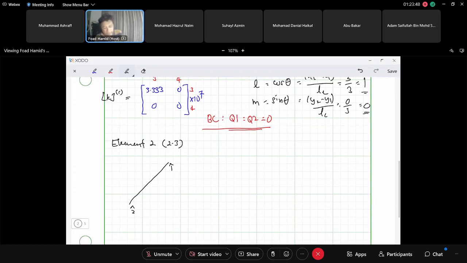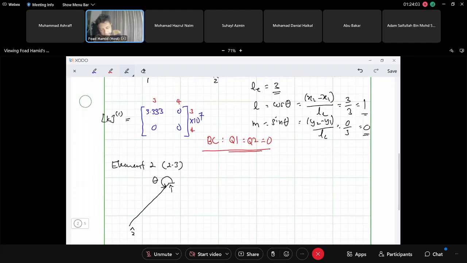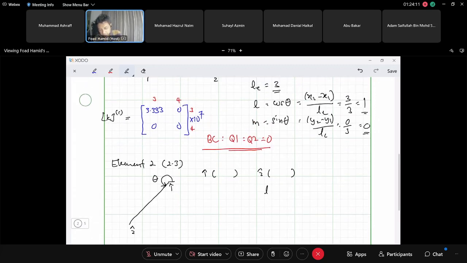And where is our angle? Our angle is here, theta. This is very important. So now we know our node 1 coordinate and our node 2 coordinate, and we can find our LE.